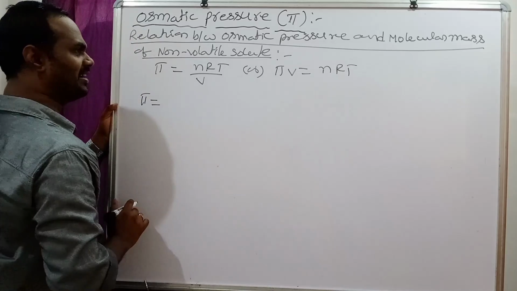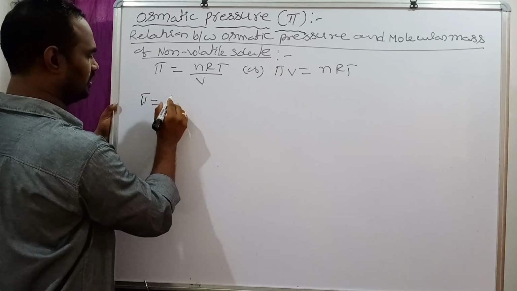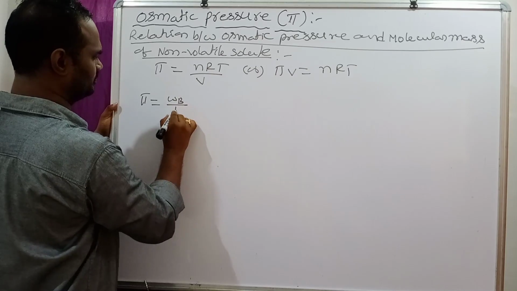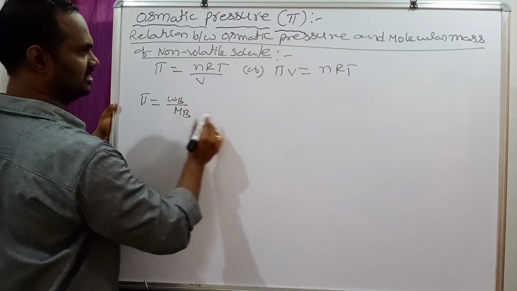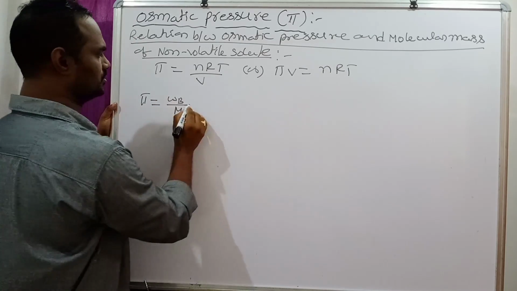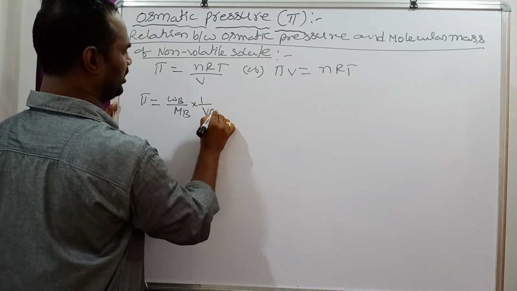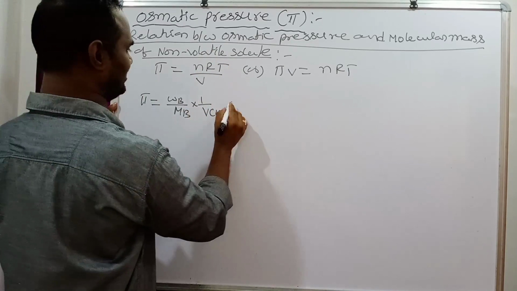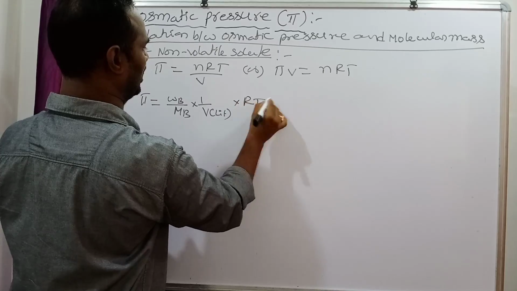Okay, pi is equal to, instead of n, number of moles of solute is equal to mass of solute W B by molar mass of solute, into 1 by volume of solution in liter, into RT.